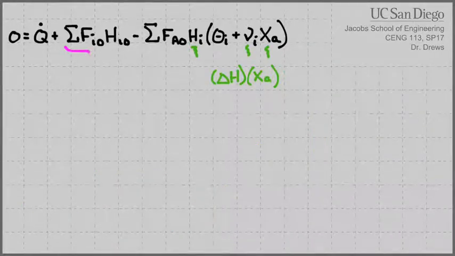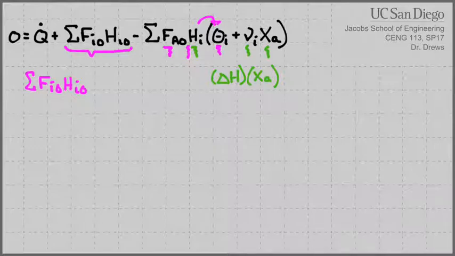We've got one term here that looks like Fi naught, Hi naught. But it's a sum. And then we've got another term over here that looks like a sum of Fa naught and theta I. Times what? There's another H floating around, right? So when we distribute that H, you're going to get one H that goes to the theta, basically the flow term, and one term that gets distributed that goes to the reaction term.